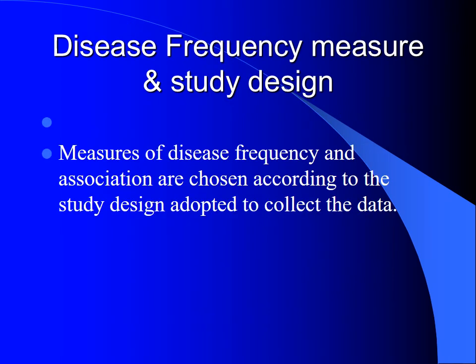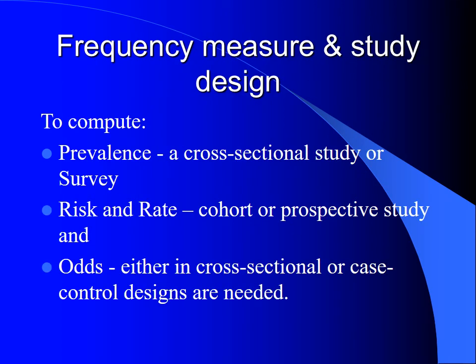Now, disease frequency measures: when to compute a particular disease frequency depends on what kind of study design you adopted to collect your data. So the measures of disease frequency and association are according to the study design adopted to collect the data. In brief, it could be a cross-sectional study, could be a cohort study.